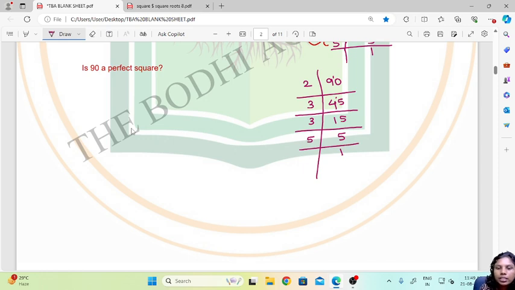So now in this case what you see, you are able to get only one pair, that is this. These two numbers are individual. Therefore we say that 90 is not a perfect square because there is no pairing that is happening.